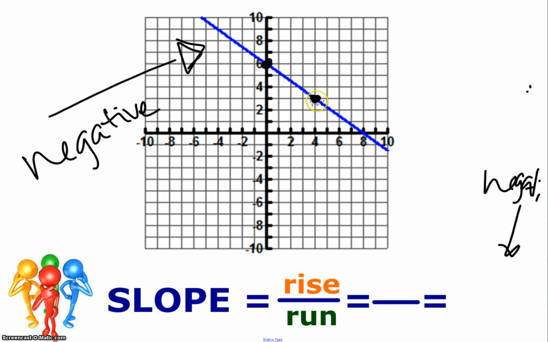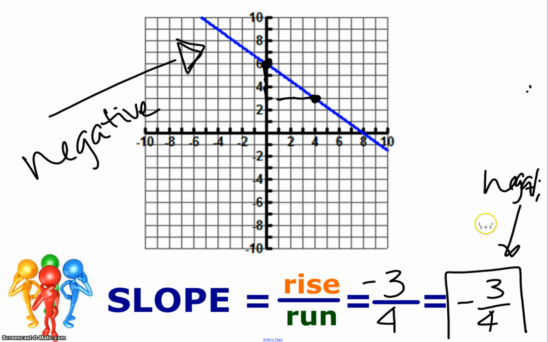Notice that came together with a grid. I don't care which point we use, so rise. 1, 2, 3, negative 3 because I went down, and then 1, 2, 3, 4 because I went positive 4 to the right. So my answer is negative 3/4. And it's negative, so you know you're right.